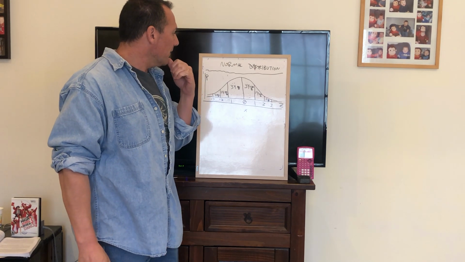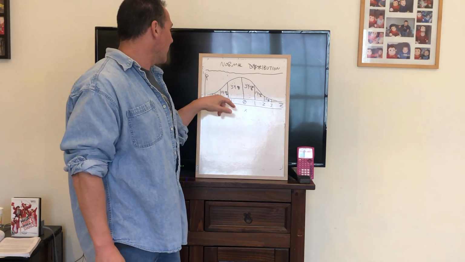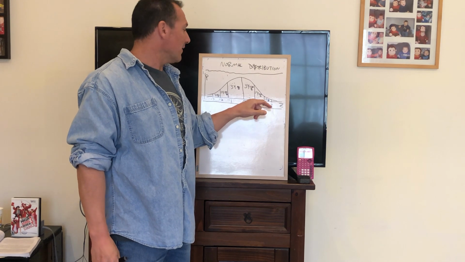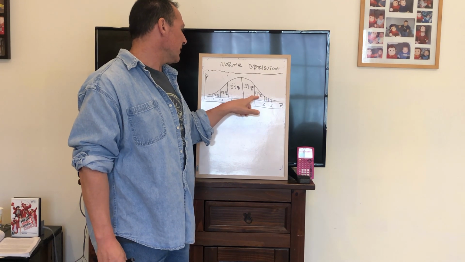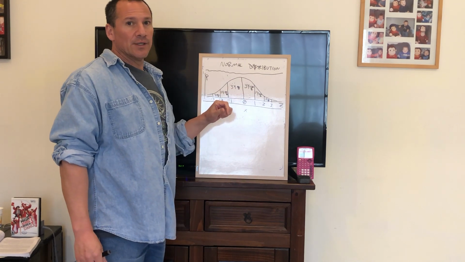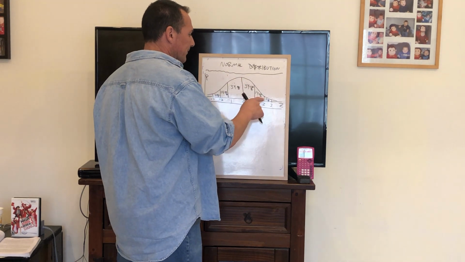Now, if you're following along and you're adding these numbers up, you will see that the sum of 2 and 14 and 34 and 34 and 14 and 2 is 100. So that's 100%.